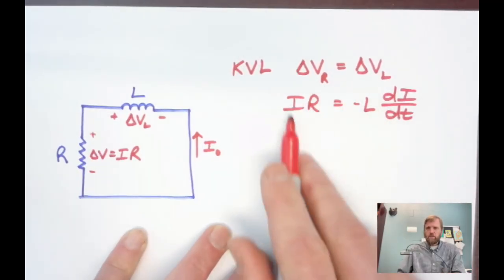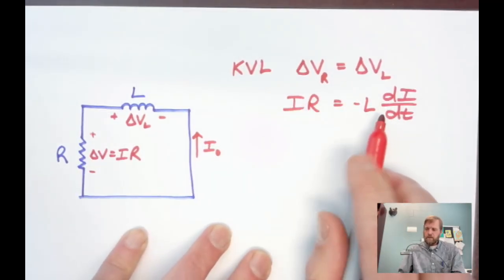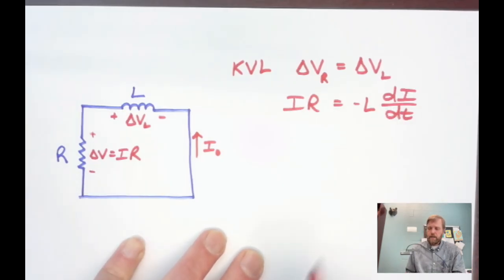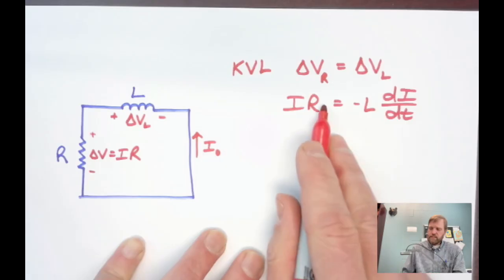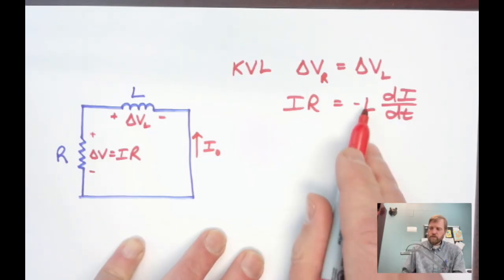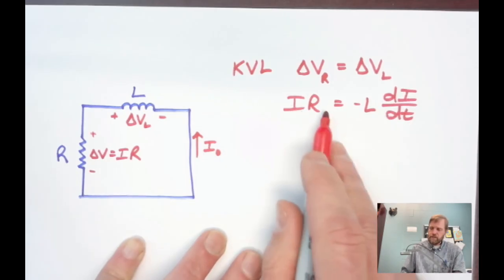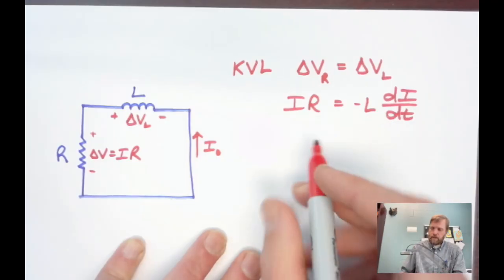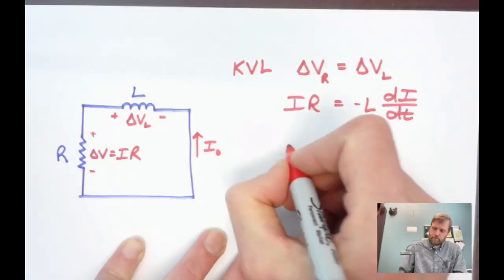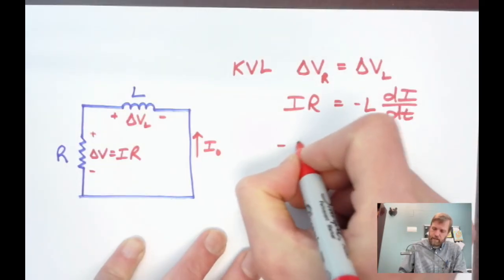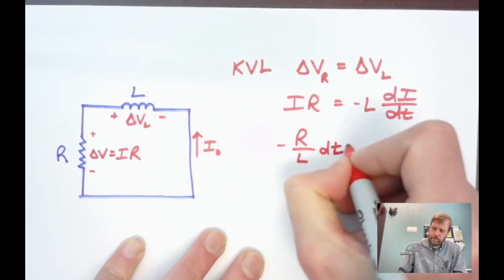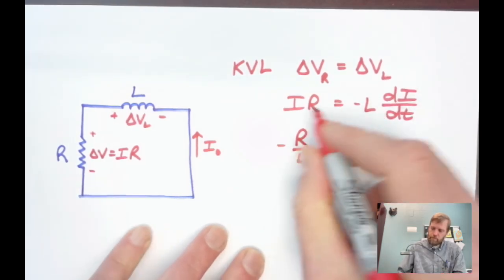We've already seen an equation like this, and we can solve it relatively easily by moving our dt over and grouping our I's over here. So we're going to rearrange it like this. We're going to divide by L, multiply by dt, so that we get negative R over L dt equals di over I on the other side.